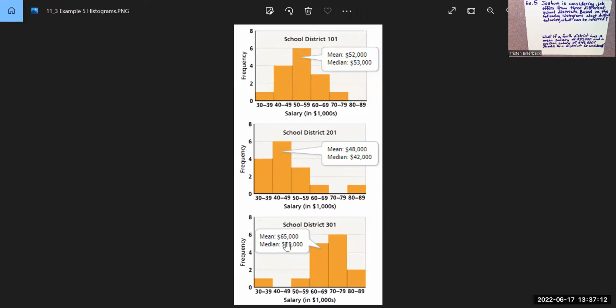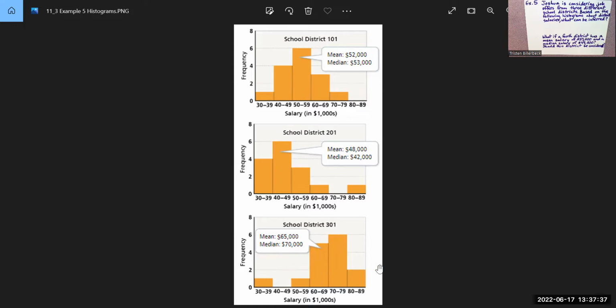All right, so this one we have a mean of 65,000 and a median of 70,000. So the mean is on the left side, which has a tail on the left side. That means this district has very few new teachers, and it keeps its older and more experienced teachers.